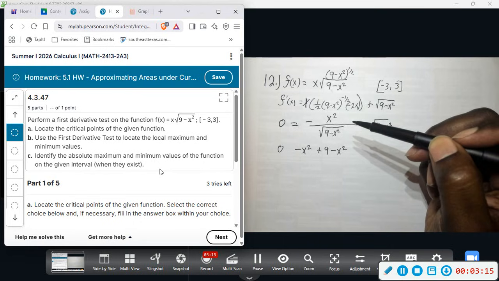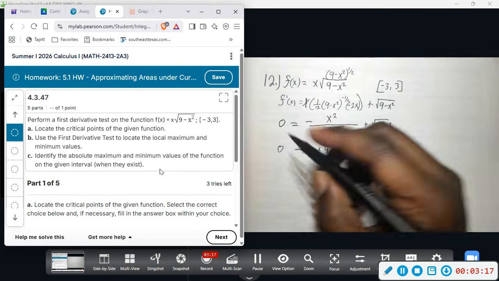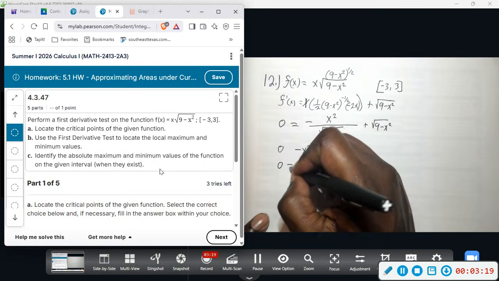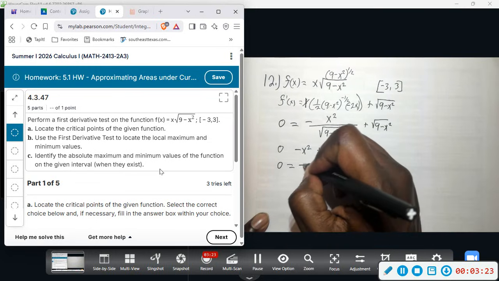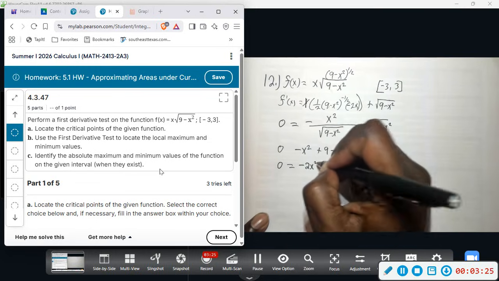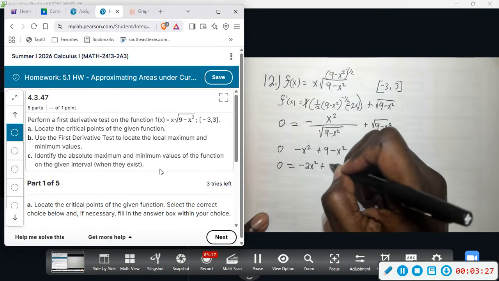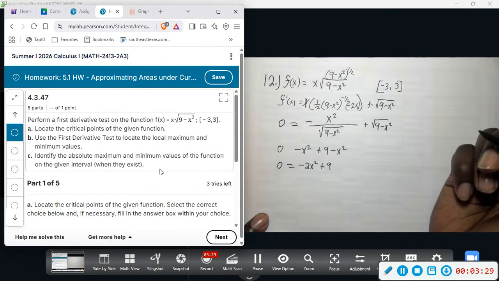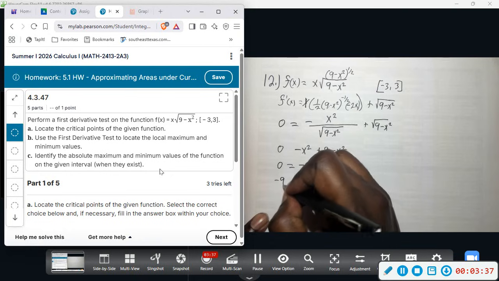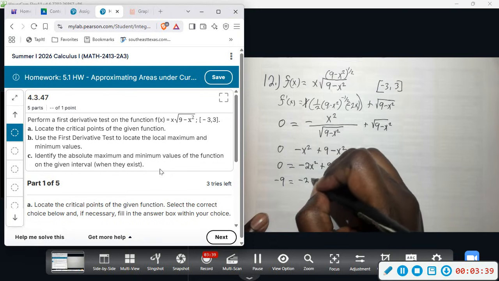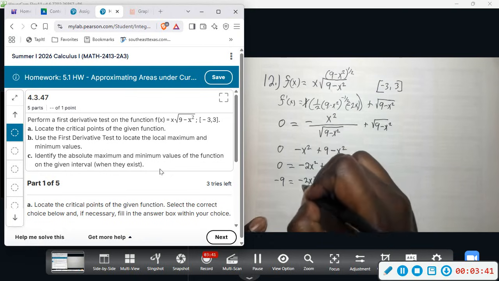And so, combining like terms, 0 equals -2x squared plus 9. And it doesn't look like this will factor, so we will subtract 9. Divide by -2.